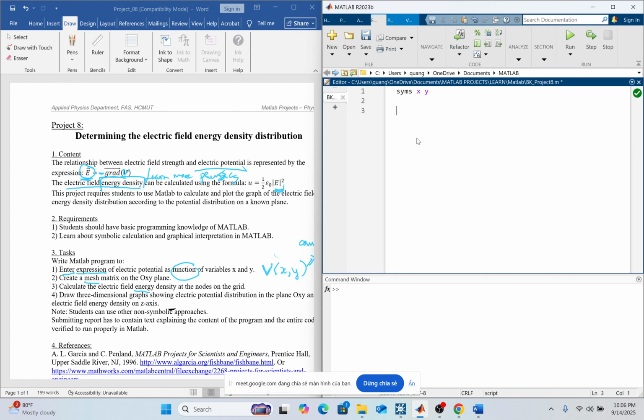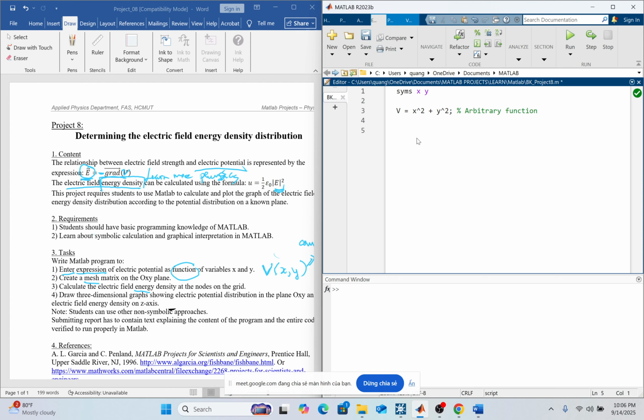Then you would declare a function. You could say v equals x to the power of 2 plus y to the power of 2, for example. Okay, and remember, this can be an arbitrary function.